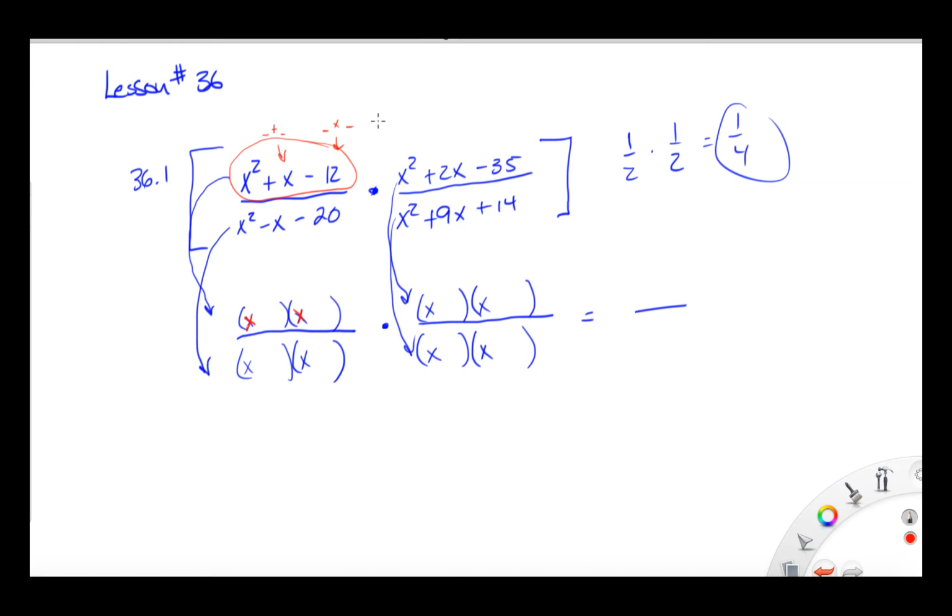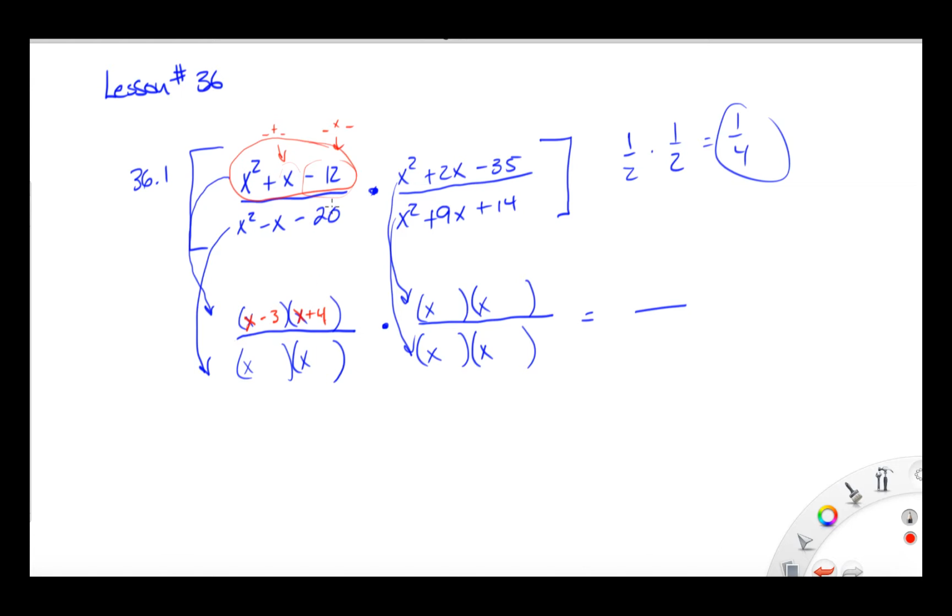So I would suggest, if we're going to get a negative 12 and we have a positive x, that we're going to have a negative 3 and a positive 4. What's negative 3 times 4? Well, that's negative 12. What's negative 3 plus 4? Ooh, that's positive 1, or x.